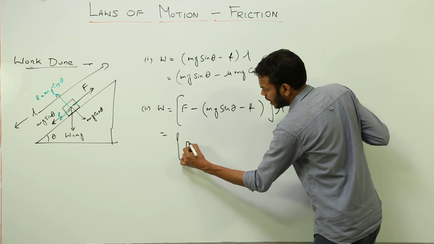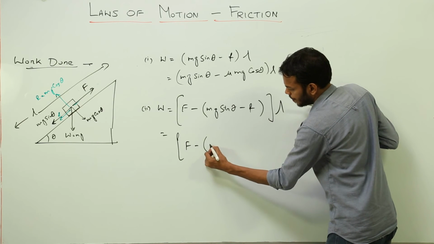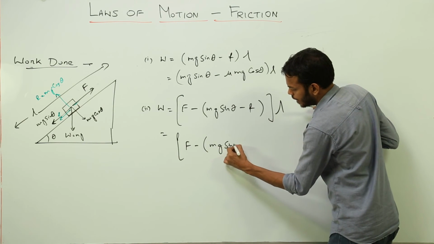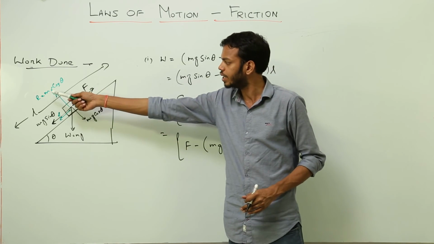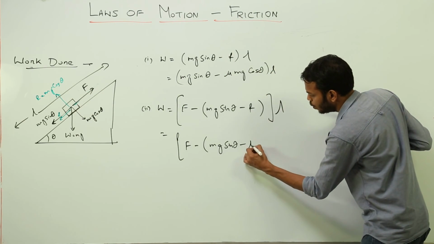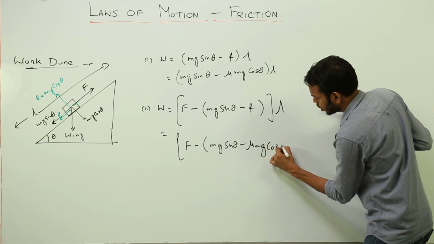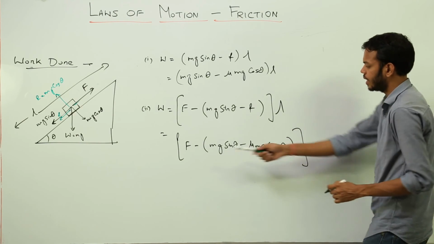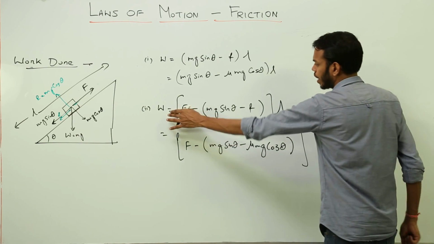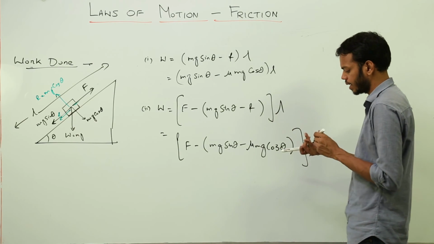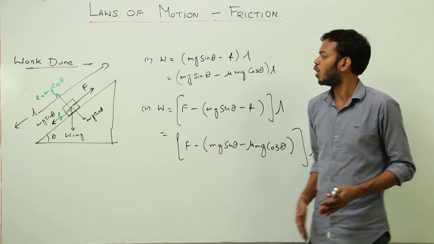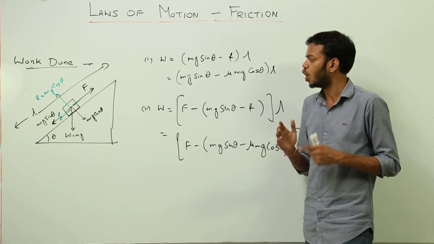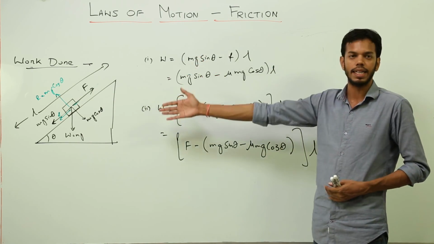So this whole thing becomes F minus mg sin theta minus frictional force, which is mu into R. The normal reaction is mg cos theta, so this becomes mu mg cos theta, right? This is the net force acting on the body, and since we have to calculate work done, it is multiplied by the length of the path. So this is how we calculate. Again I'll repeat that you should not go by the formula, instead go by the method, which is very easy.